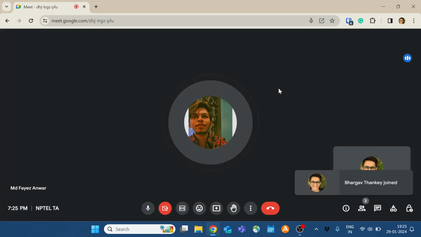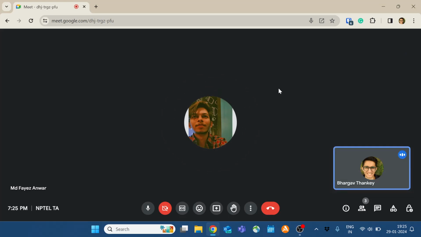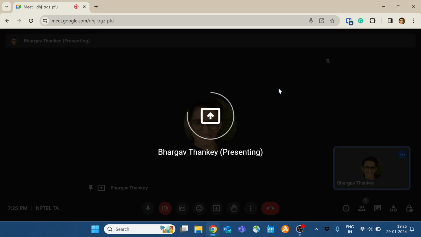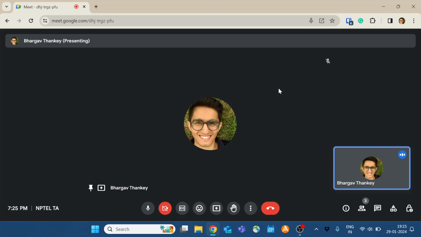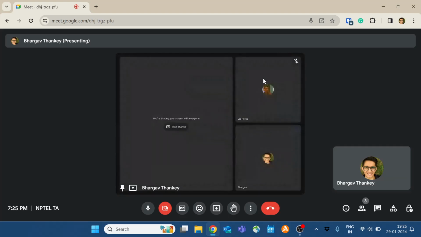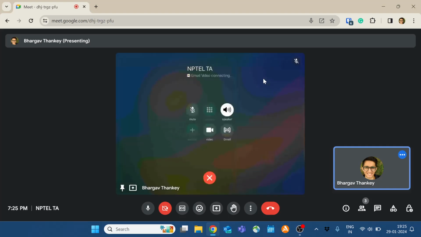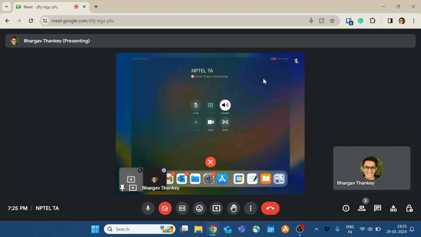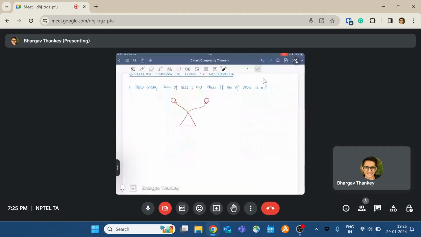Why don't you try using data on one of the devices and Wi-Fi on the other? Yeah, that's what I was trying. I tried Wi-Fi on my laptop, it wasn't working, so I tried data on my laptop, but then I wasn't able to connect using my iPad. So now I'm using Wi-Fi on my laptop and data on my iPad. Let's see if that works. The iPad is lagging, but okay. Let's see how much it's going to lag.